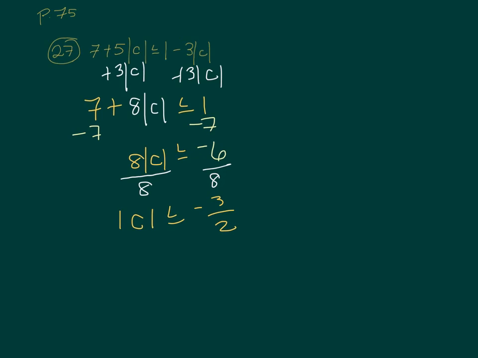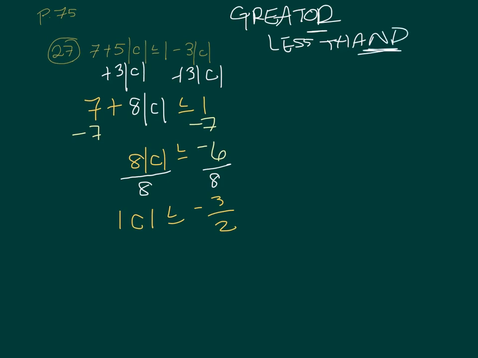I'm going to remember back to my mnemonic device here. I've got greater, and less than. Here, I've got a less than sign, variable, less than, constant.